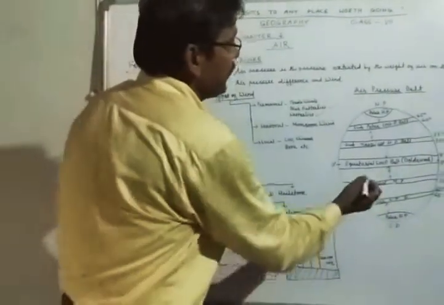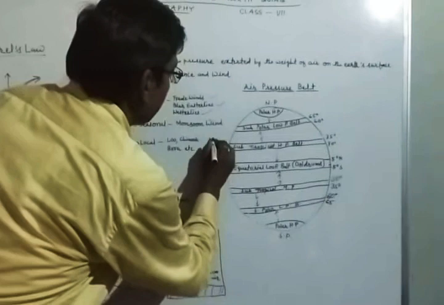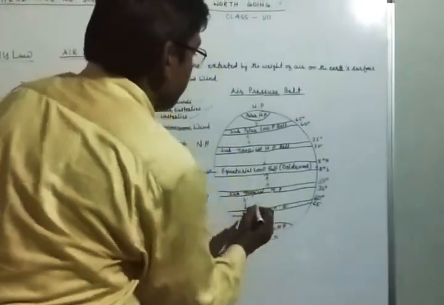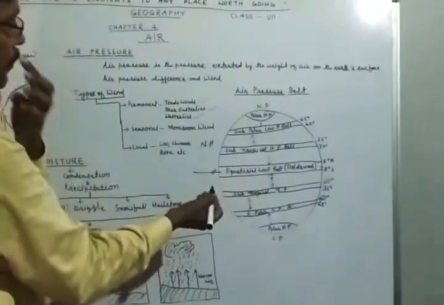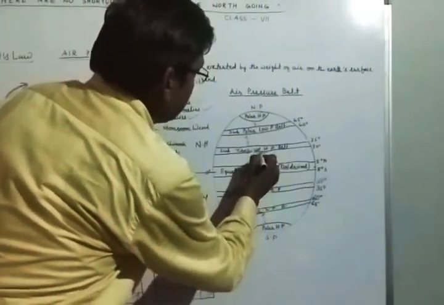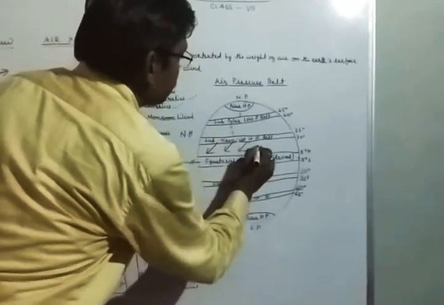So whatever wind is coming here, if this area is in the northern hemisphere and this area is the southern hemisphere, as the wind comes, it starts blowing towards the north. This wind deviates towards the right, so it is coming in this direction.